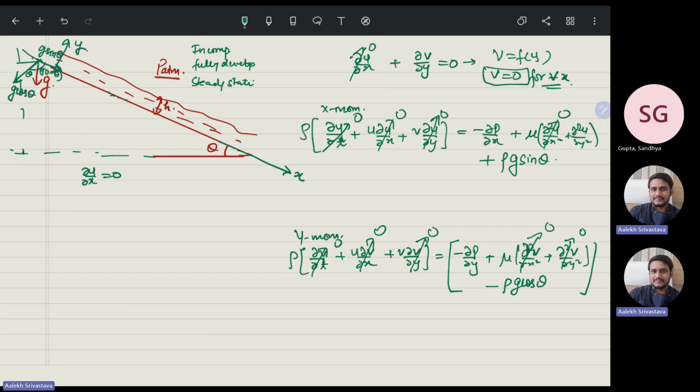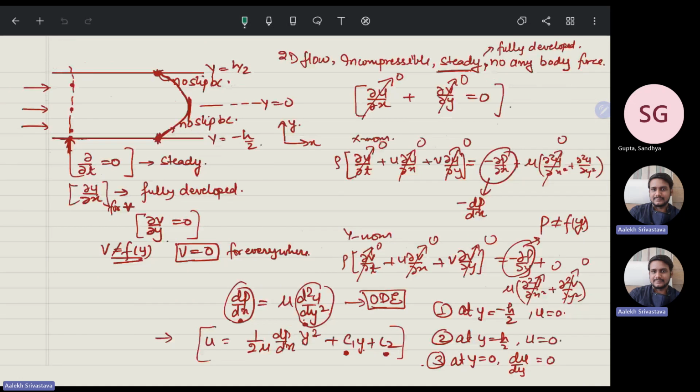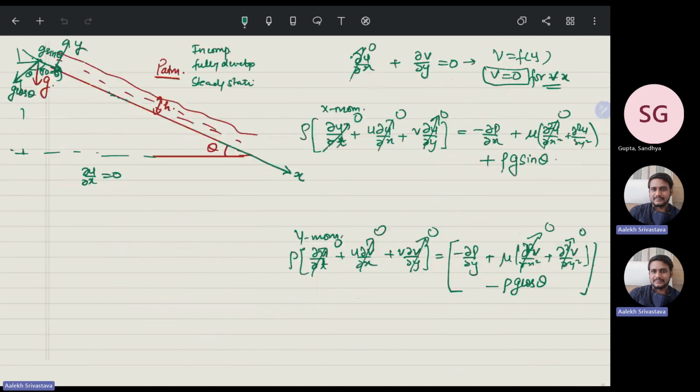Now, if you see, in the y momentum equation, earlier we didn't have anything at this point. But here we have dp by dy equal to minus rho g cos theta. So if I say y momentum only, that means minus del p by del y is equal to rho g cos theta, or p is equal to rho g cos theta into y plus some function of x, because we are only integrating with respect to y, so there can be some function of x.